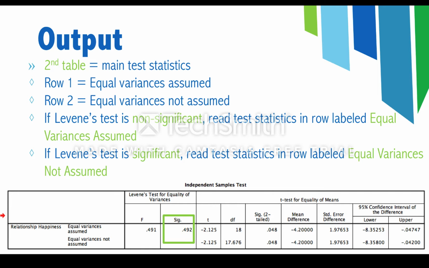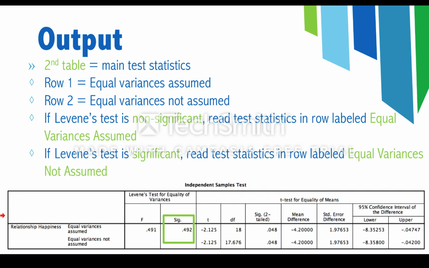So in this example, the significance value is 0.492. If the population variance for both groups is equal, this test will return a p-value that is greater than 0.05, indicating that you've met the assumption of homogeneity of variance.